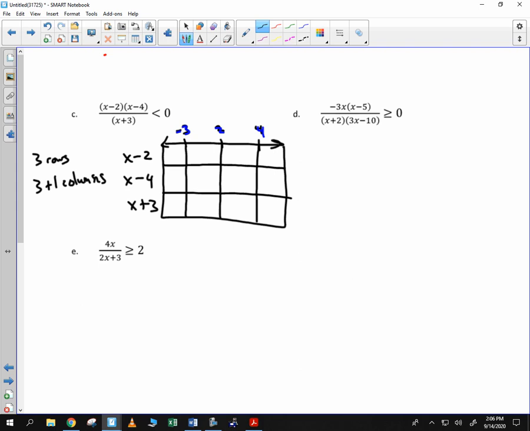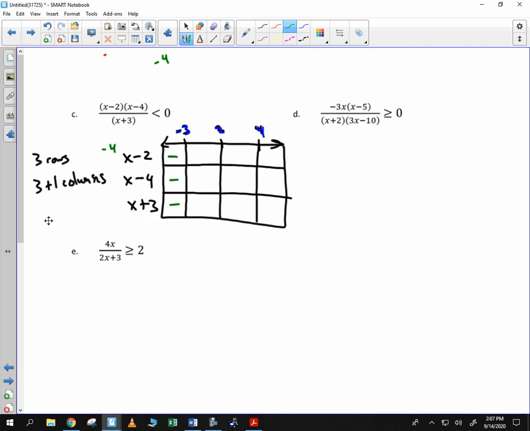You can put them in any order you want, but that's where I do my testing. For example, I would like to test -4 because it's to the left of -3. I plug -4 in for these x values. -4 minus 2 is negative. -4 minus 4 is negative. And -4 plus 3 is negative.